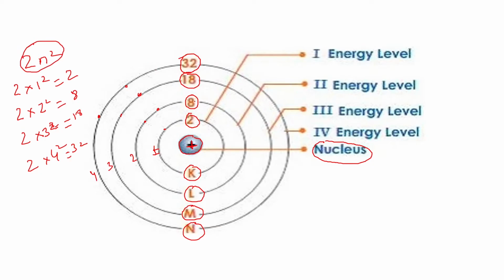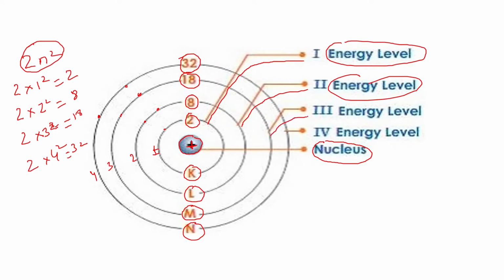The second thing is the inner orbit. The first orbit will have its own energy level. So here you have seen the energy level. The second orbit will also have its own energy level. The third orbit will have its own energy level, and the fourth orbit will have its own energy level. The energy level will go on increasing from lower to higher orbits.